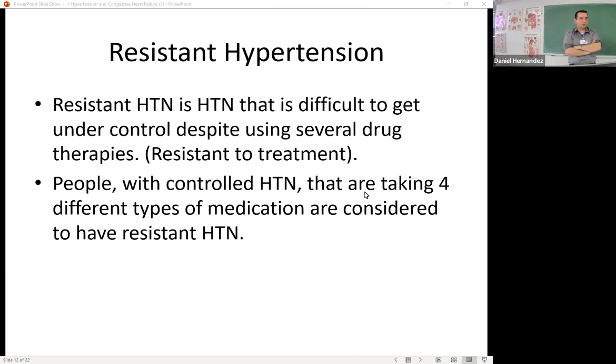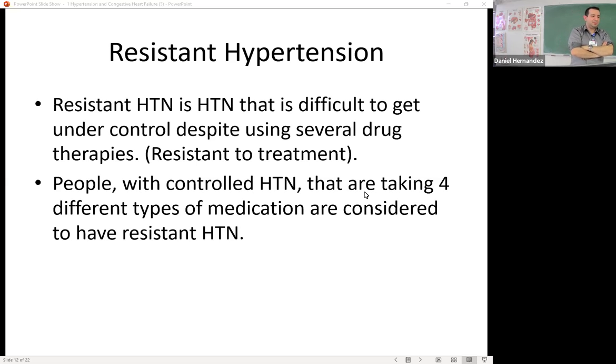You may encounter the term resistant hypertension. This is hypertension that's difficult to get under control despite using several drug therapies. This might be a patient that has uncontrolled hypertension even though they're on all these medications. People with controlled hypertension that are taking four different types of medications, this is still considered resistant hypertension.